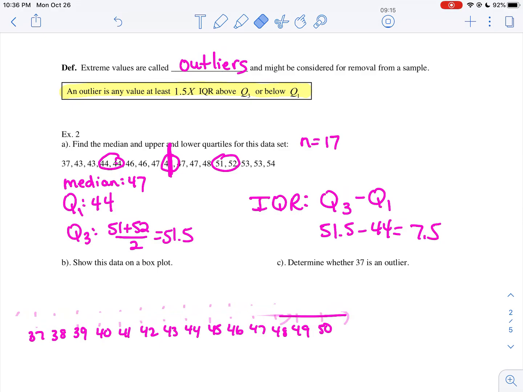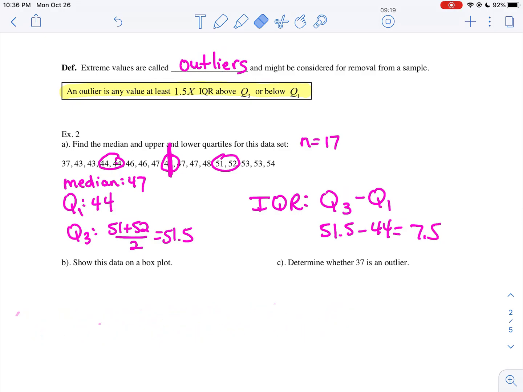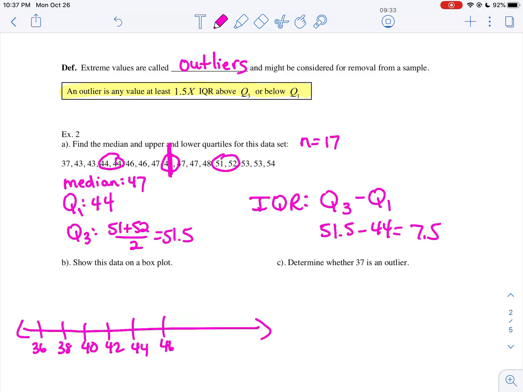Let me stop this. That's too big. Okay, wait. Let me try that again. I need to go by twos, I think, here. Yeah, there we go. That's going to go better. So let me do 36, 38, 40, 42, 44, 46, 48, 50, 52, 54. All right, perfect. Much better.